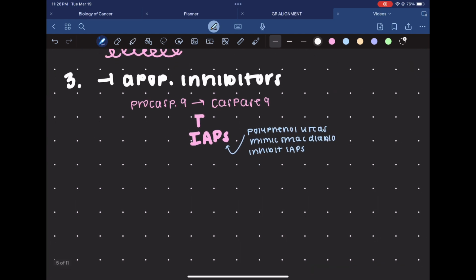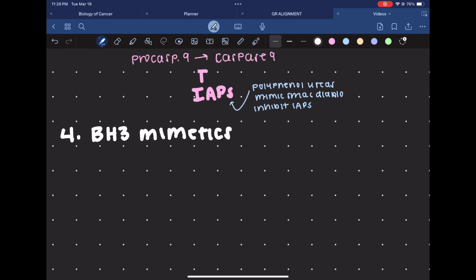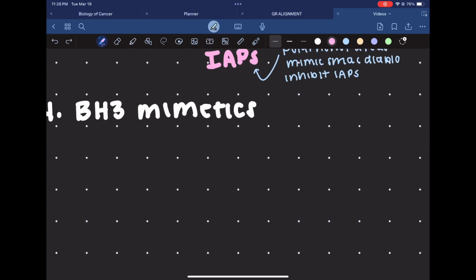And then lastly, and one of the more interesting therapeutics, is BH3 mimetics. A big example of a BH3 mimetic is going to be venetoclax, and this is going to mimic our death helpers.